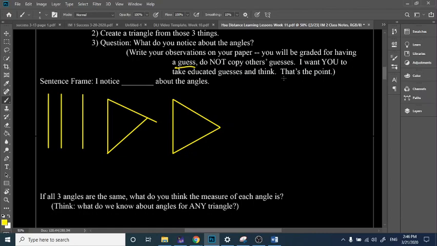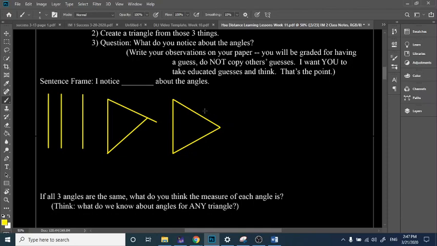I'm going to start marking people off if I see everybody have the exact same guess in the exact same wording. I can tell if everyone's guessing on their own or supposedly guessing but copying. It's really obvious, if you've ever graded papers. I want you to guess, not somebody else.